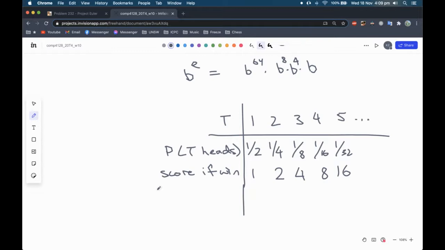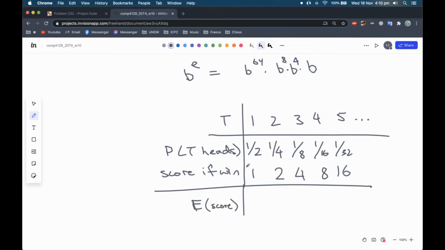And so let's look at the expected value of, I guess, score for each of these.